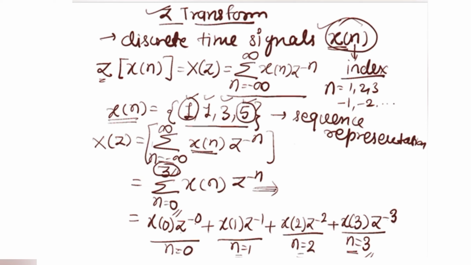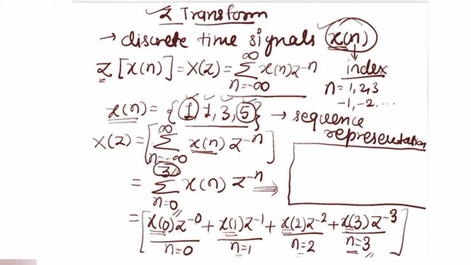Now what are we supposed to do in the next step? In the next step, we have to put the values of x[0], x[1], x[2] and x[3] in this equation. So the value of x[0] is 1, so we will put 1 here.